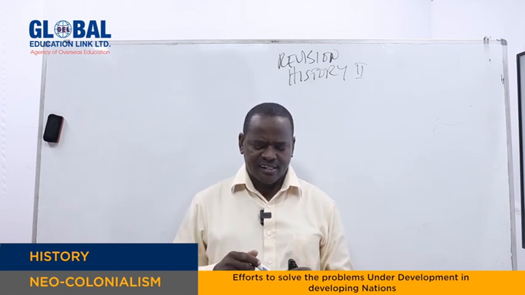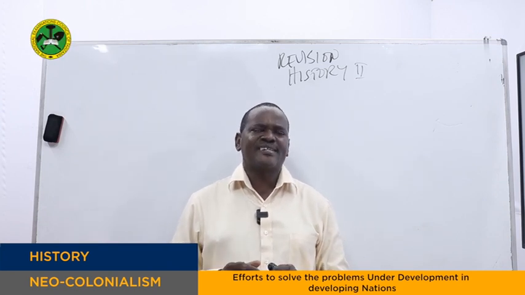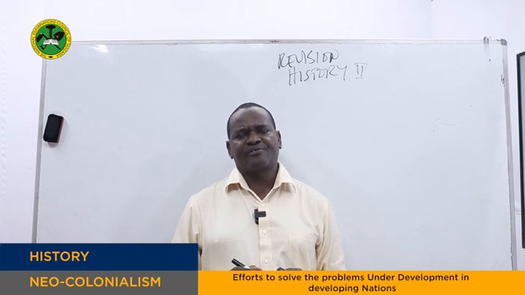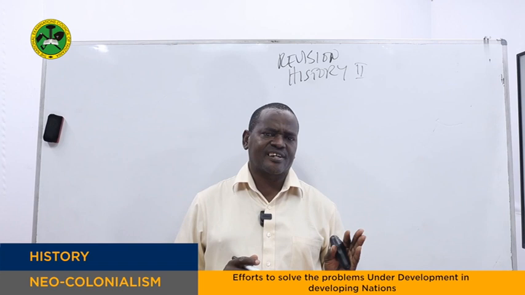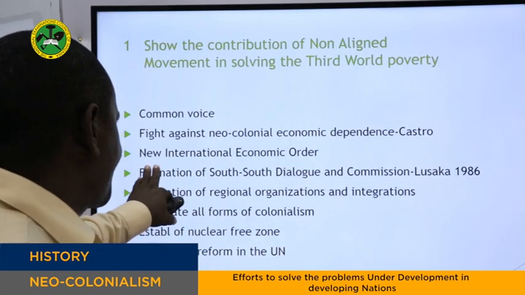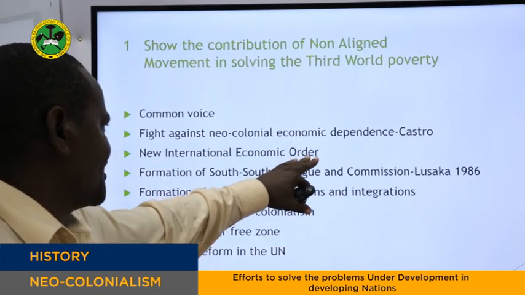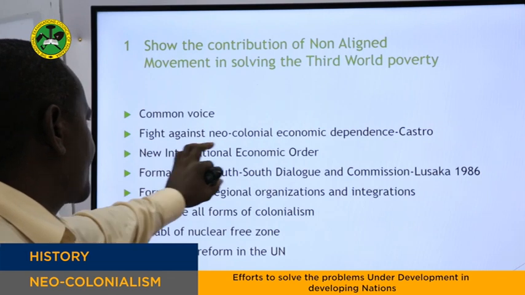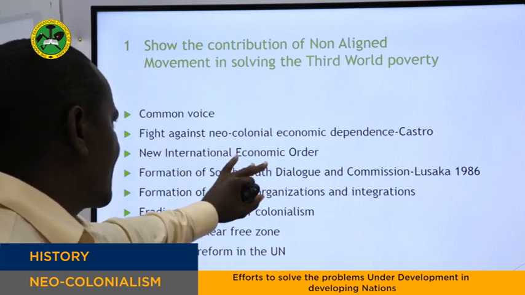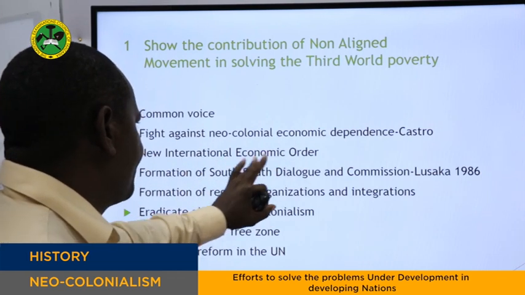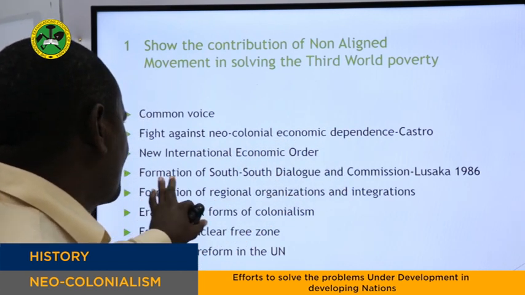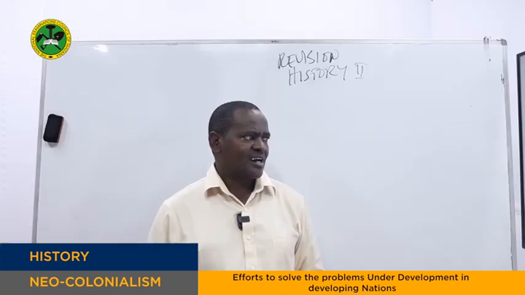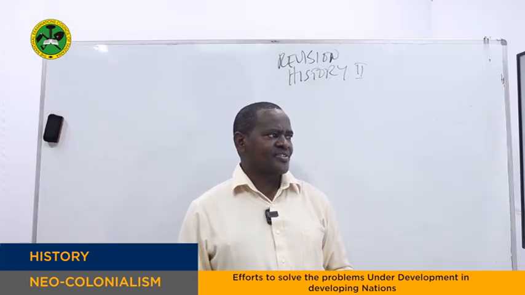So they wanted a new international economic order which would function for the mutual benefit of both northern and southern countries. This was to call for negotiations to bring equality in economic systems, to reform different international organizations and so on.